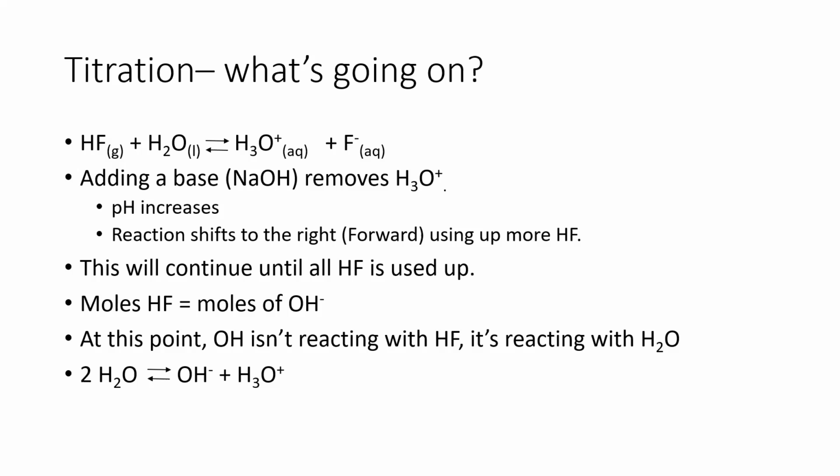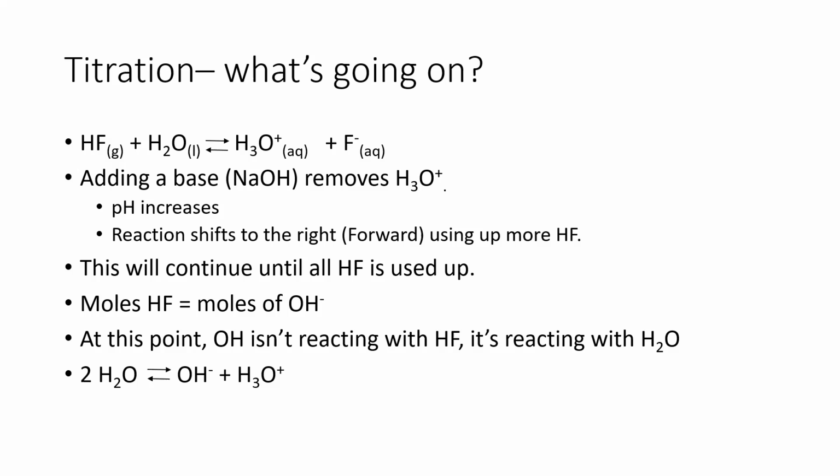And this is an important point because at this point, the moles of OH- from our burette are equal to the moles of HF that were in our original solution. And then we can use that number of moles to determine either the concentration, as we did in previous titrations, or the molar mass, which is what we're going to be doing in this lab.